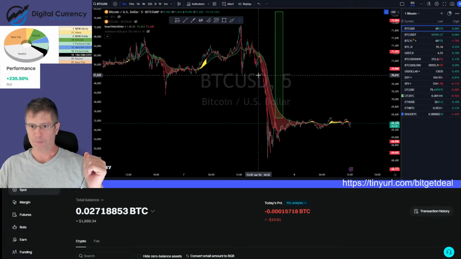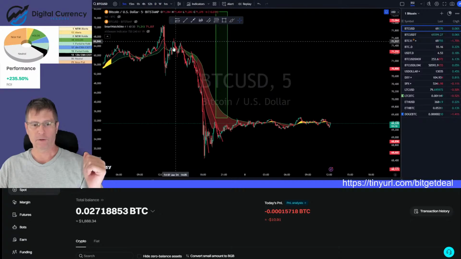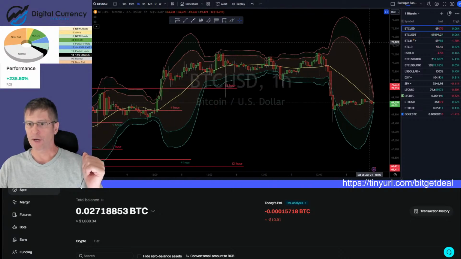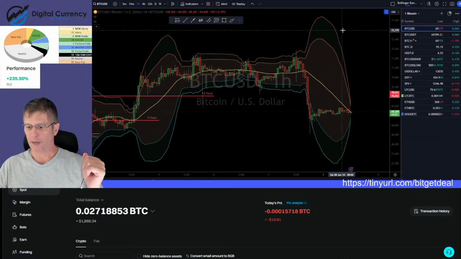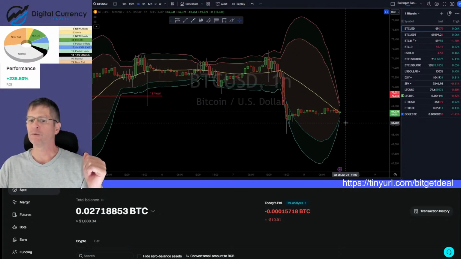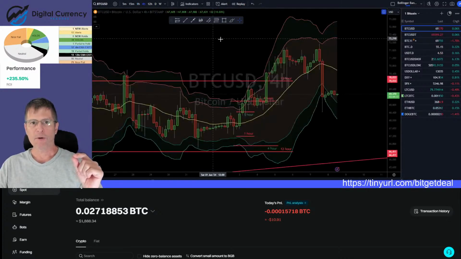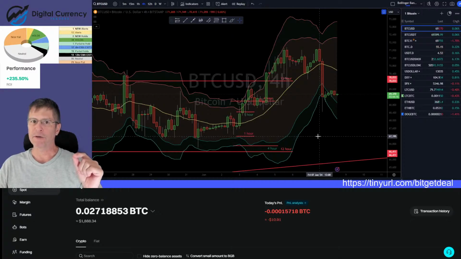Here's the big pullback on Bitcoin overnight or yesterday afternoon. And here's where the Bollinger Bands are pinched down to right now. So the Bollinger Bands are coming to the direction continuation or bounce from this pinch down in the 1 hour time frame. Here in the 4 hour time frame, we went outside the third standard deviation.